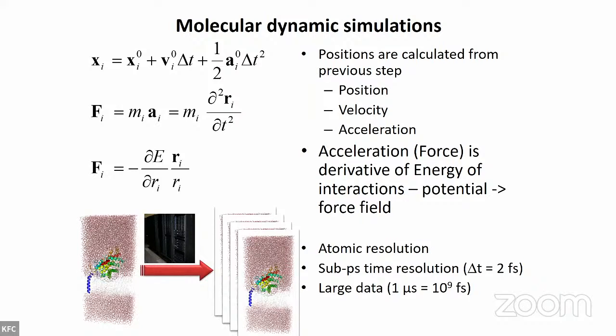The time step can be as big as the smallest time scale in the system. And the frequency of movement of the hydrogen atom on the carbon is approximately 1 femtosecond.